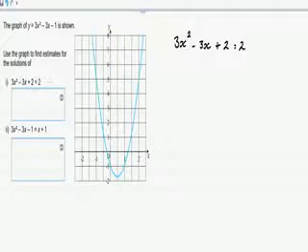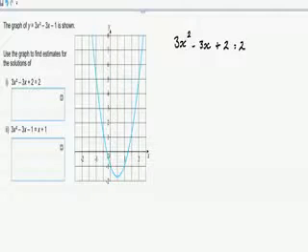Okay, so what we need to do is we can see here that we've got 3x squared minus 3x, which is what we've got up here, but then it's plus 2 instead of minus 1.